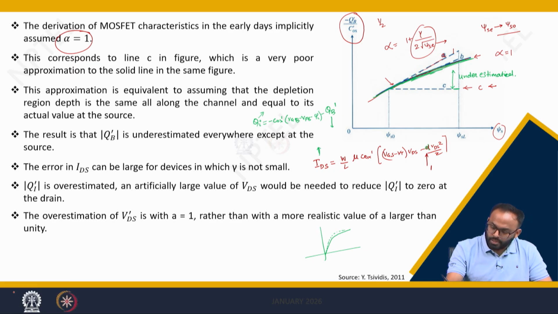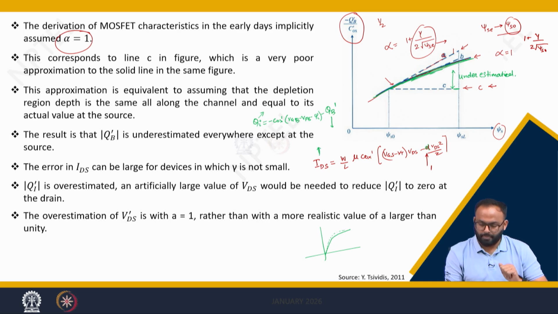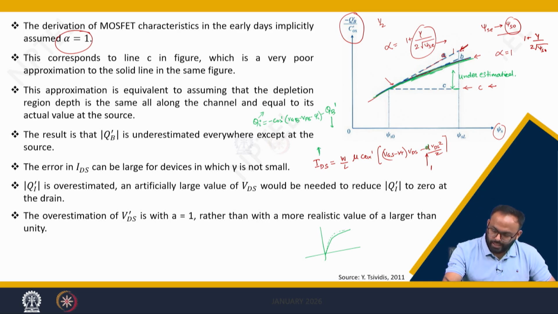Now, what will happen if I consider alpha equals 1 plus gamma divided by 2 times root psi 0, right? Meaning we will consider the line A. If you consider the line A, then you see the bulk charge is overestimated now. At that moment, the inversion charge will be underestimated, and hence the current will be underestimated.